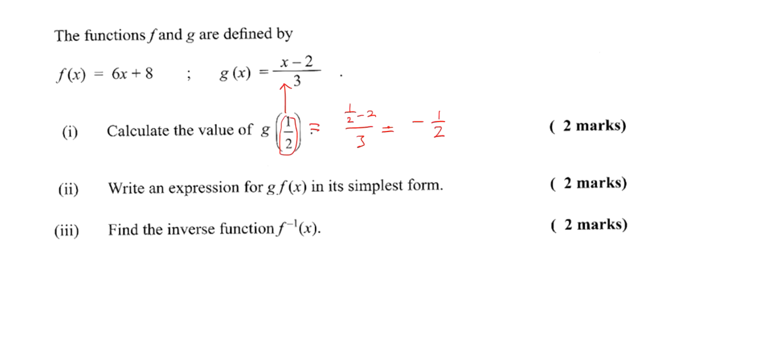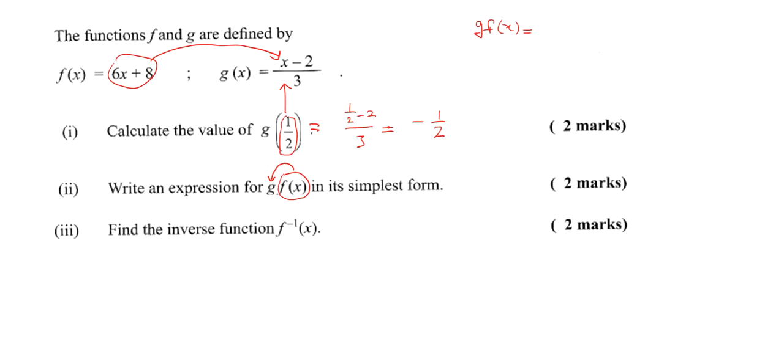Okay. Now they want an expression for gf of x in its simplest form. So I'm going to take f of x and I'm going to substitute it into g. So gf of x is equal to, I'm going to take f of x and substitute it for x into g.